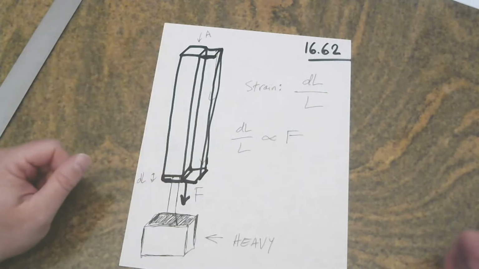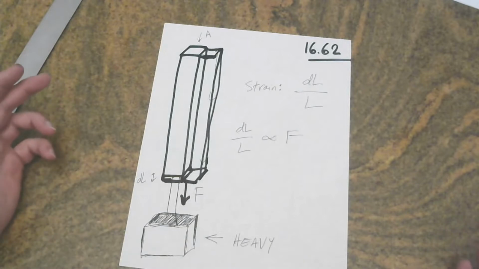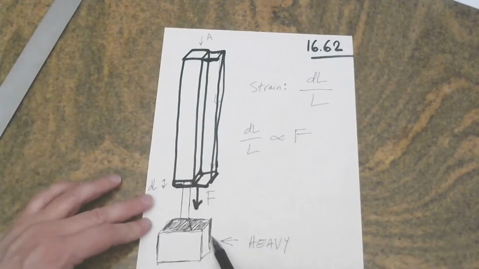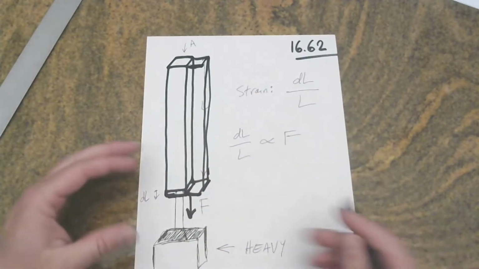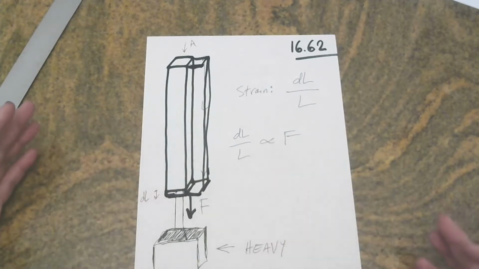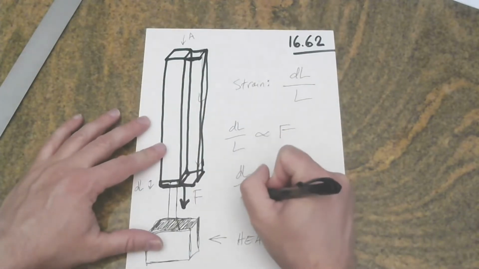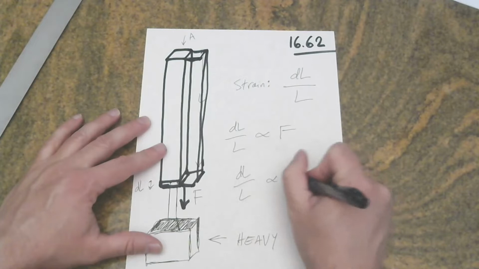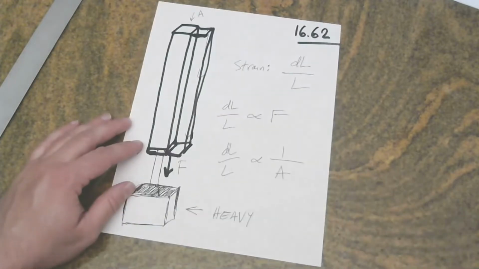Obviously, if you hang the same weight from a larger diameter rod, it's not going to stretch as much because the weight is distributed over a larger cross-sectional area. So as the diameter of the rod goes up, the amount by which it stretches should go down. That's an inverse relationship. So the strain should be inversely proportional to the cross-sectional area.